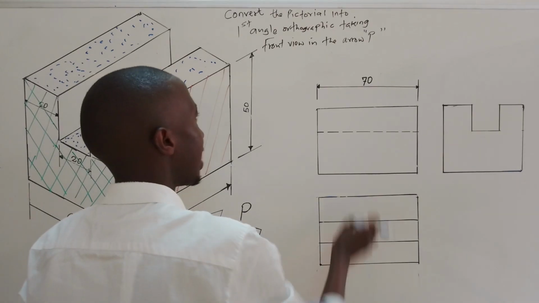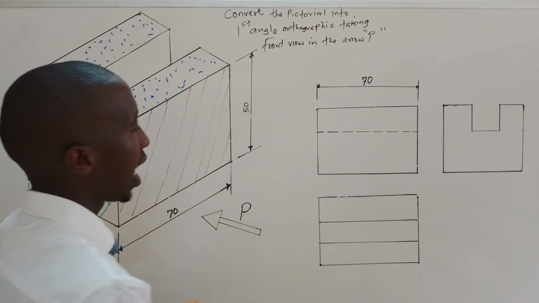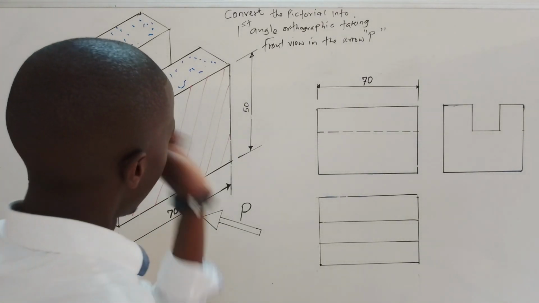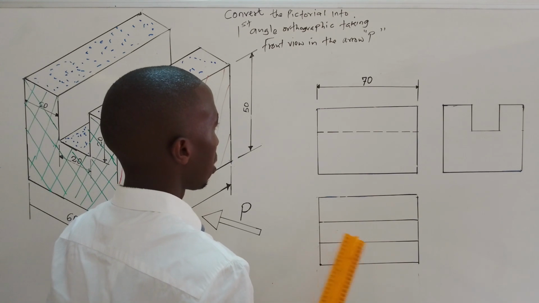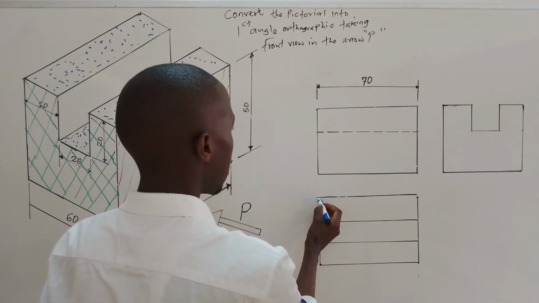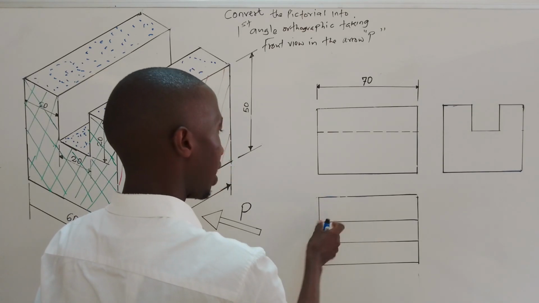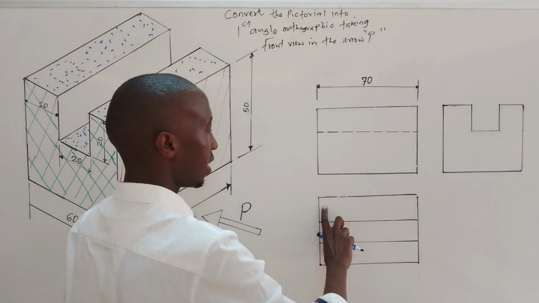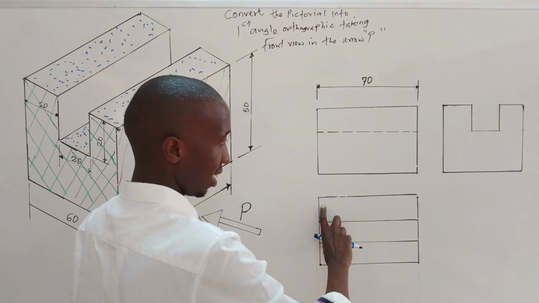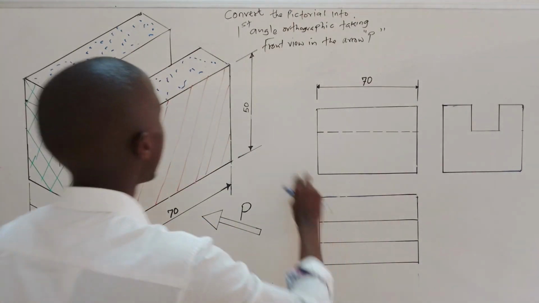Now you realize I've given 70 and this is also 70. So there is no way I am going to repeat myself. Now I will not dimension here because I've dimensioned this way. Now what is remaining is, if I dimension here up to here, I will have to dimension 20, 20, 20. This is like height, but we know it's length from the plan. So it is this length.